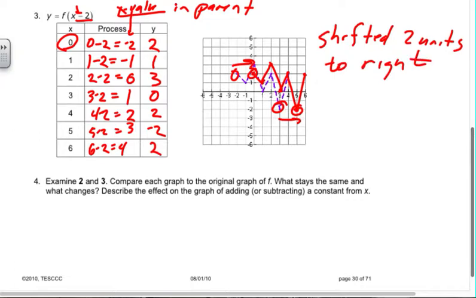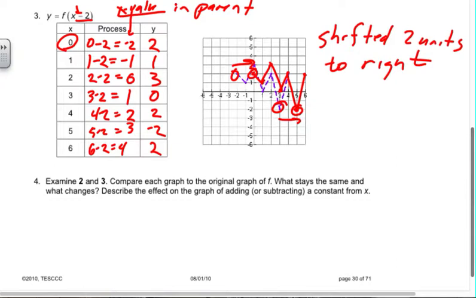Okay, so let's come back in and take a look, compare each graph to the original. What stays the same and what changes? So if we look at these, all we're doing on these, okay, so what stays the same in here?